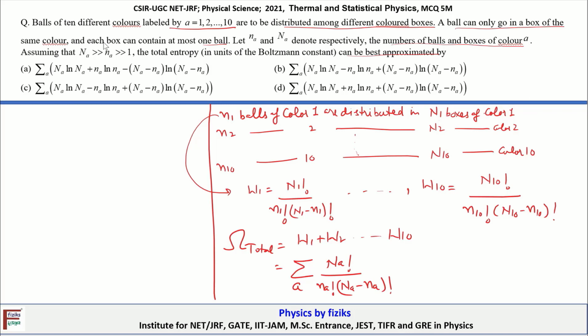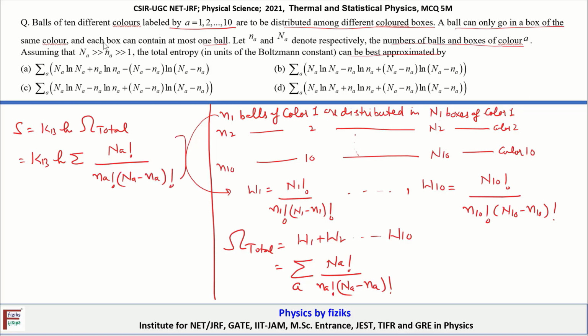Once this omega total is known to us, we can find the corresponding entropy, which is given by the Boltzmann relationship S equal to kB ln omega total, that is equal to kB ln of the summation of NA factorial upon na factorial into (NA minus na) factorial.